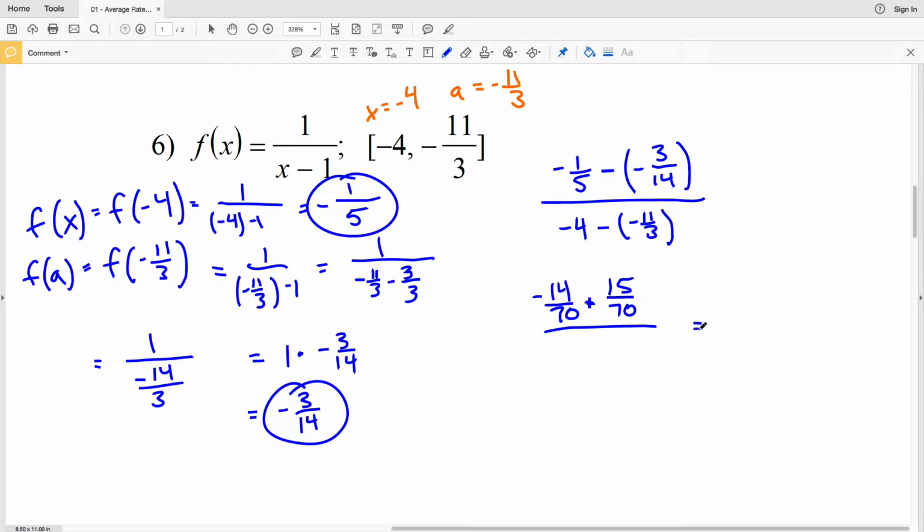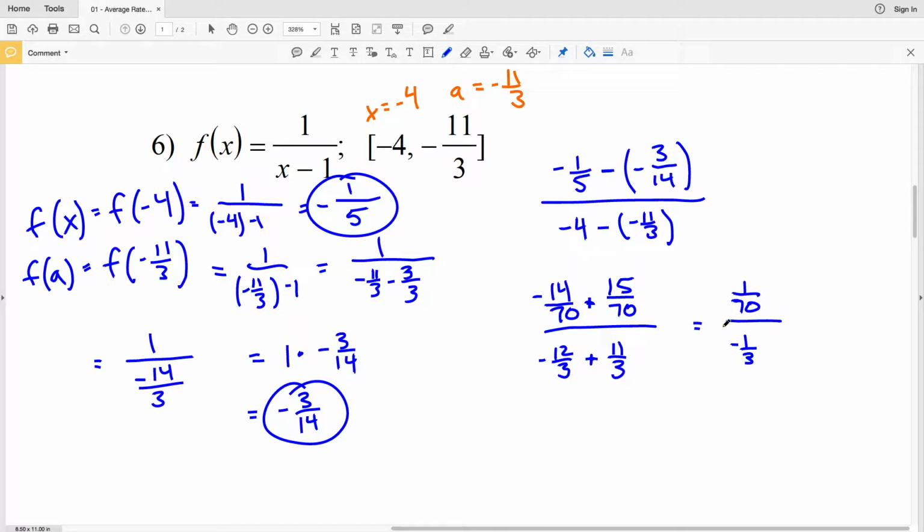So you can see that for my numerator, -14 plus 15 is +1, so that's 1 over 70 in my numerator, and in my denominator, -4 minus -11/3, I'll rewrite -4 as -12/3, and then as opposed to subtracting a negative, I'll add a positive 11/3. So -12/3 plus 11/3 is a -1/3.